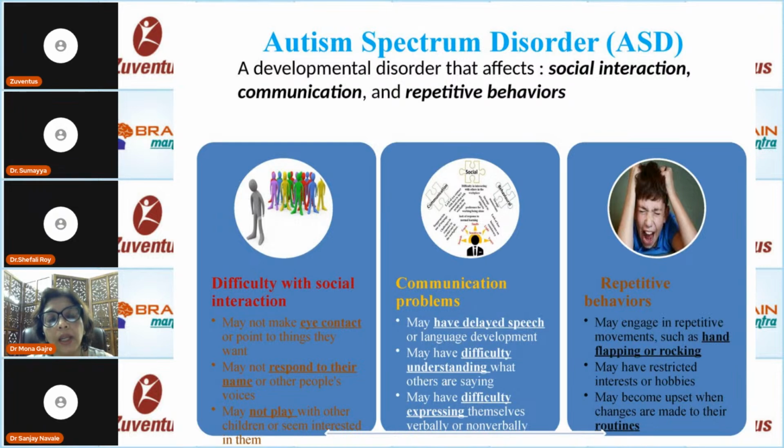In terms of social interaction, the child is more object focused rather than human focused. We live in a social world, so our interaction should be more toward humans, like we are attracted toward humans rather than inanimate objects. These children are more interested and attracted toward inanimate objects.